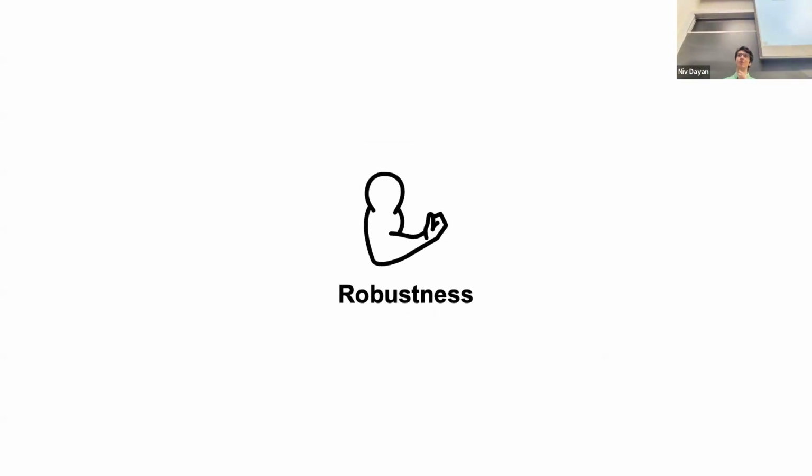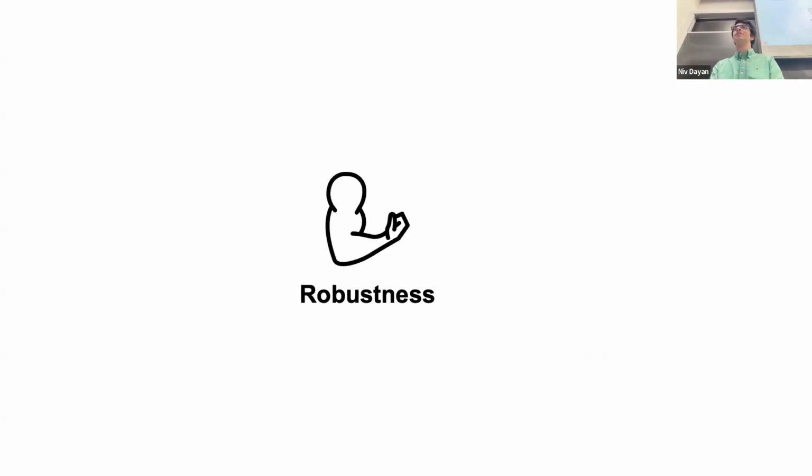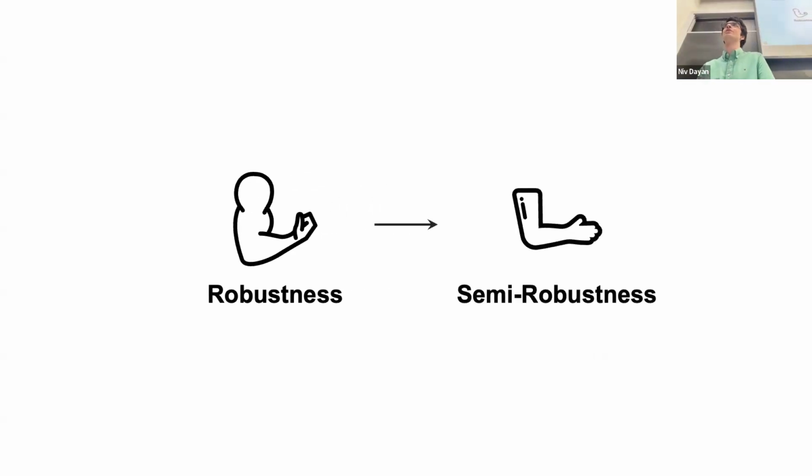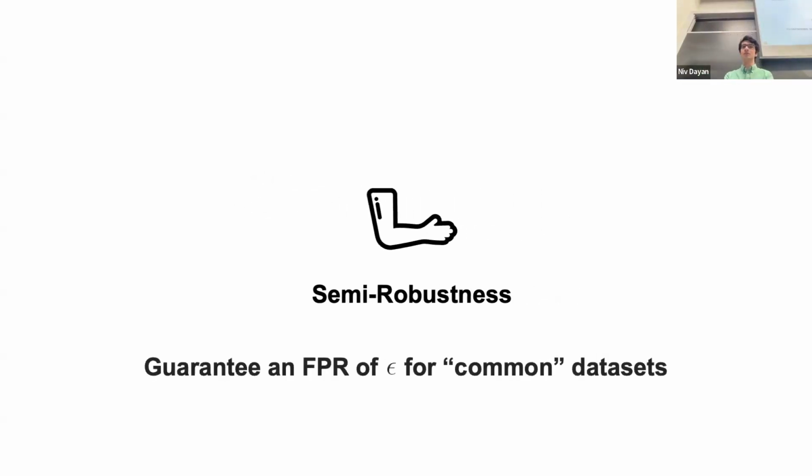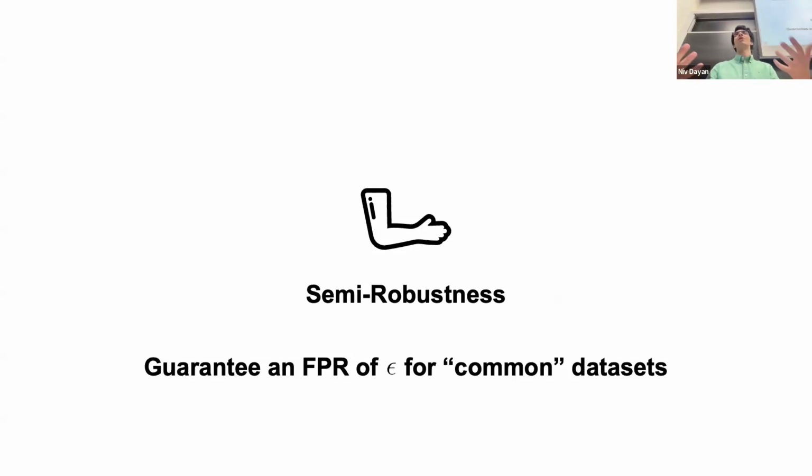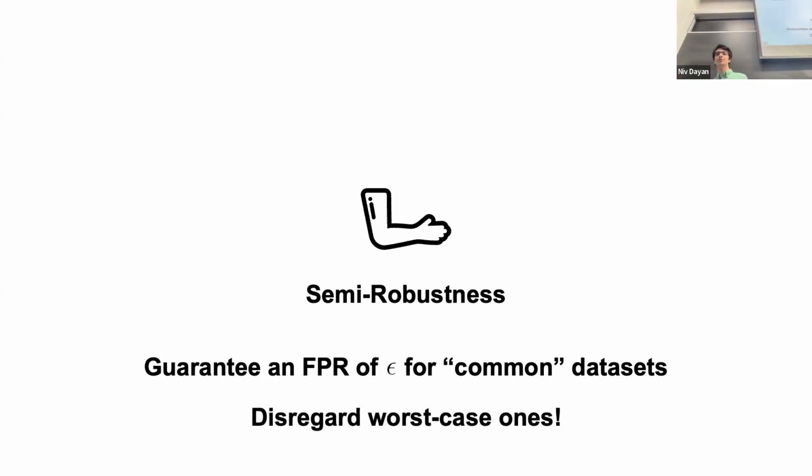And it turns out, the way out is to not support robustness, but to support a more relaxed version of robustness, which we call semi-robustness. And this refers to basically guaranteeing an FPR of epsilon for common data sets, not every single data set. So we're disregarding, in some sense, the worst case ones. So this is really what you want in practice, right?